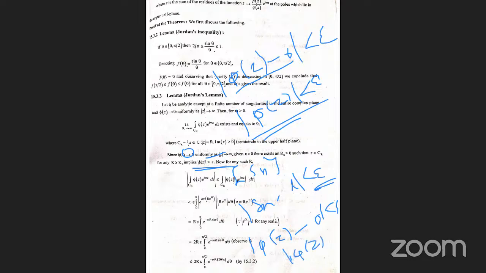This is the condition. Convergence definition: if the sequence S_n is convergent, then mod of S_n minus L is less than epsilon. Here the function is phi of z, and it converges to 0, so phi of z minus 0 is less than epsilon.